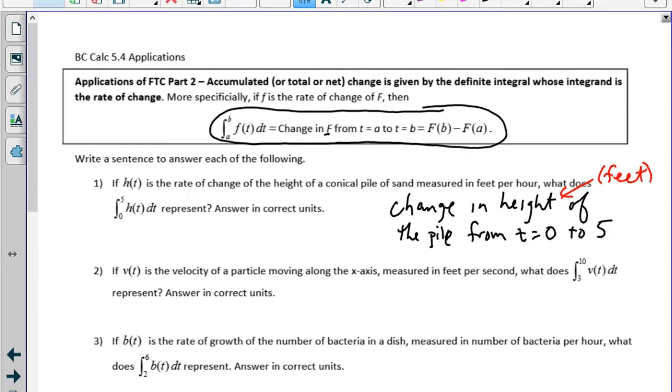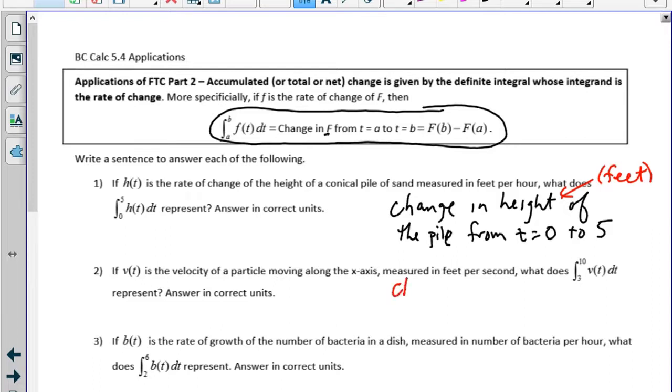Number 2, if v of t is the velocity of a particle moving along the x-axis measured in feet per second, what does the integral of v of t dt from 3 to 10 represent? Answer in correct units. So this is actually evaluating what we would probably consider to be s of t, or the position.